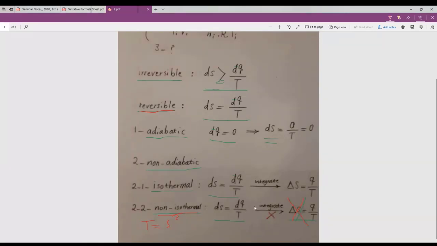This means that we can't really use this equation, even though the process is reversible. We can use this equation, but we can't really use it because we don't have enough information about temperature to be able to integrate this equation. So forget about this equation for this specific case.